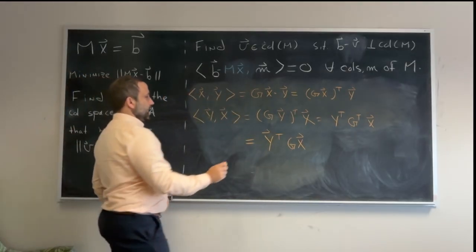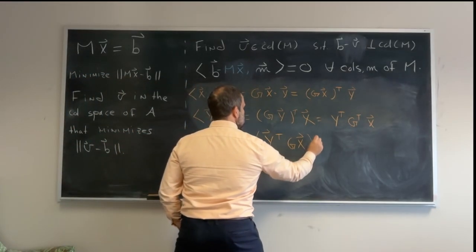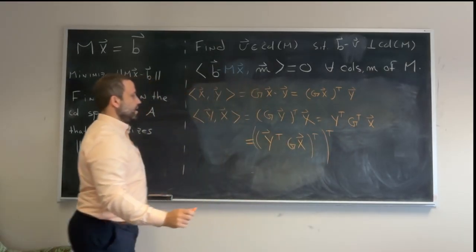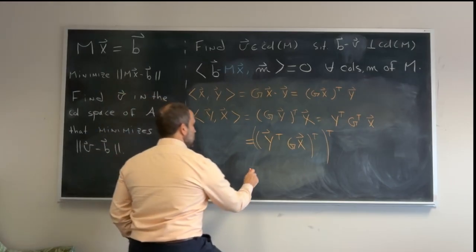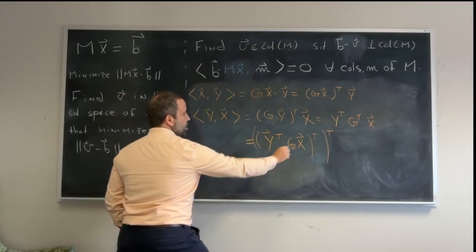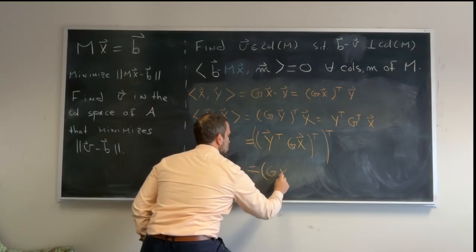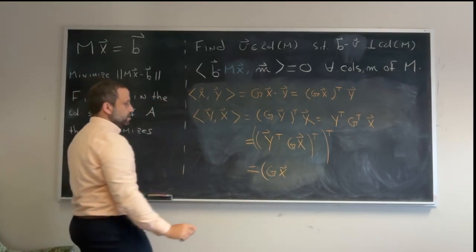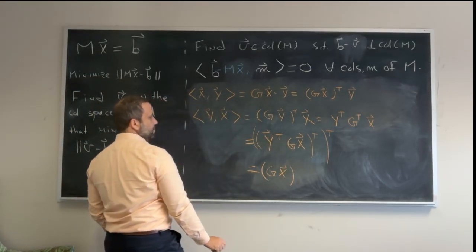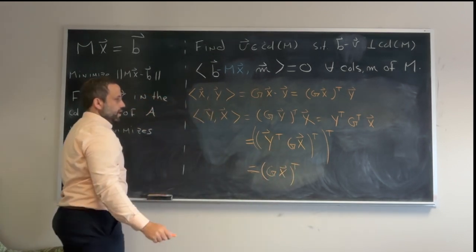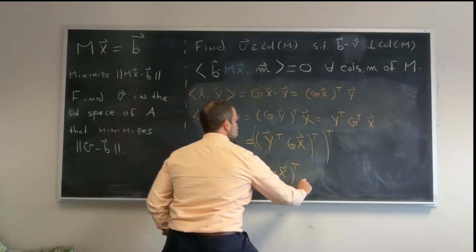What we can do then is take the transpose of that. And now what's going to happen on the inside, when I do the transpose of this product, is it's going to be (Gx) transpose times the transpose of y transpose, which is just y.